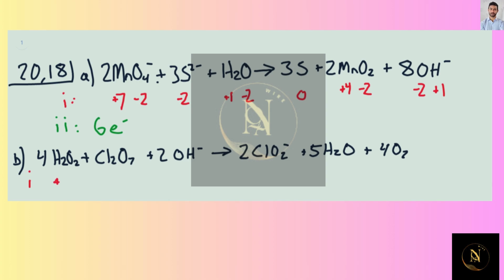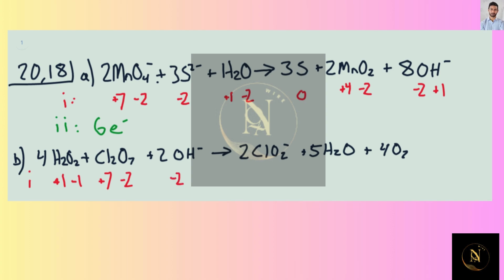Hydrogen will be +1, and peroxides are unusual because the oxidation number of oxygen in peroxides is -1 instead of -2, so that's unusual. In Cl2O7, oxygen will be a -2 oxidation number, so that means -14, which means that each chlorine has to be +7.